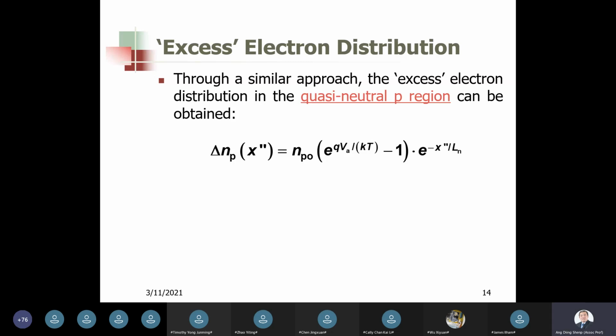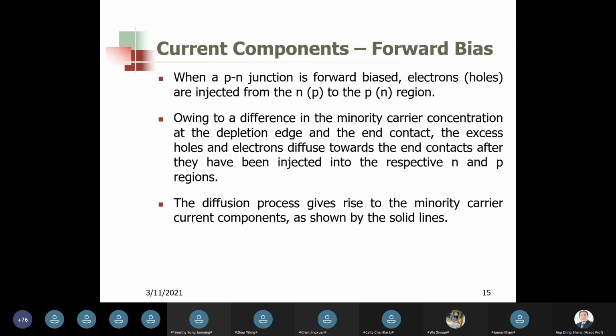However, we do not know anything about the space charge region. So we need to find a way to complete the whole picture. Now, with the excess minority carrier distribution known, we can determine the diffusion current due to the excess minority carriers.